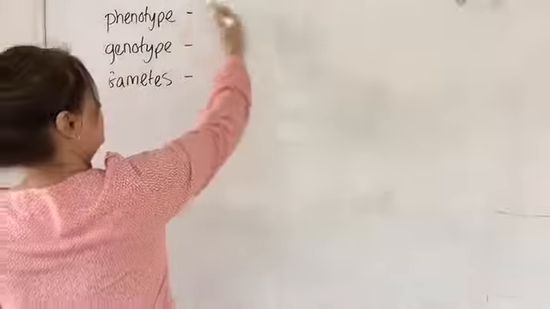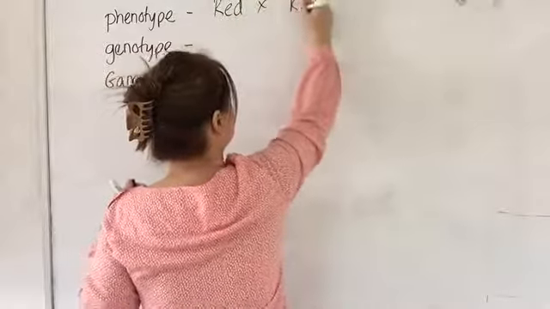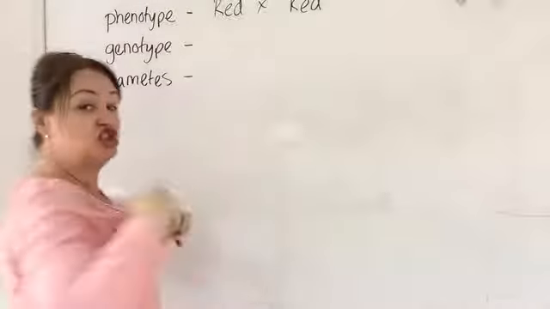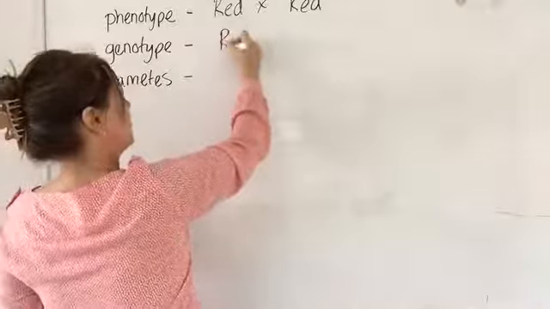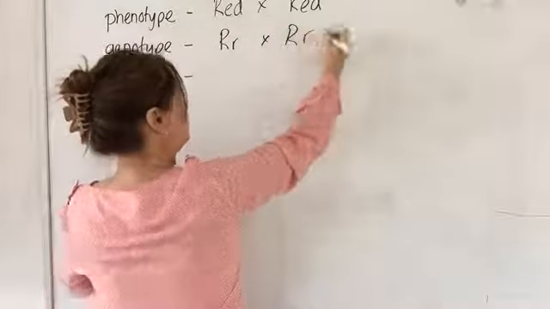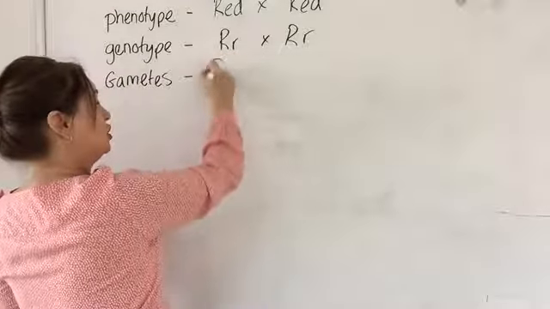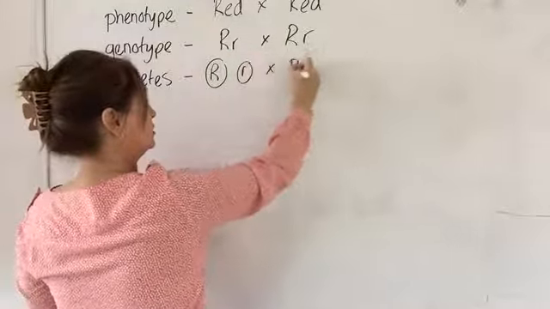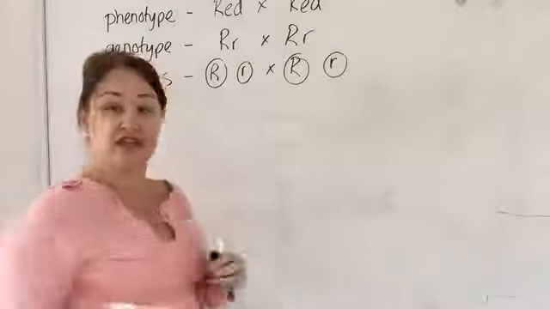Okay, so my phenotype was red, crossed with another red plant. But we knew that the genotype had a dominant and a recessive allele, so we know that that was indeed the cross, and we know the gametes produced, well, this one can give one of those, that will give this one, and that one will give that one.